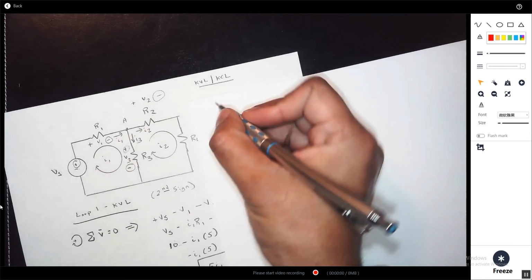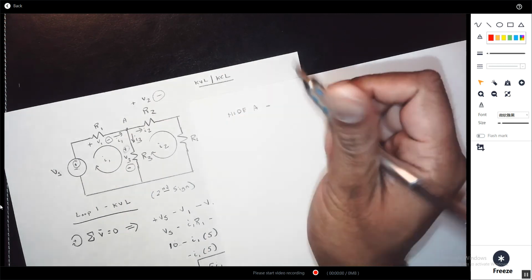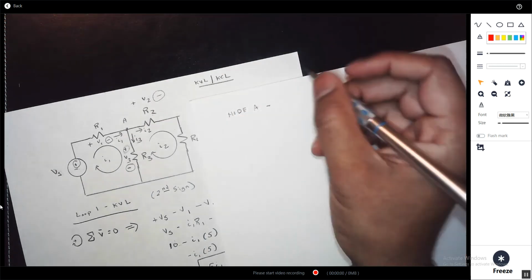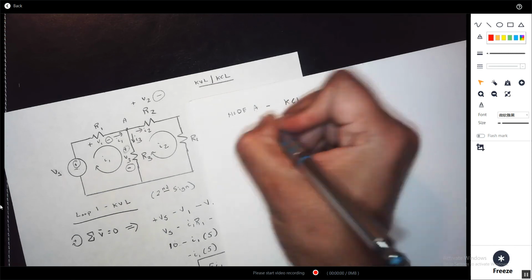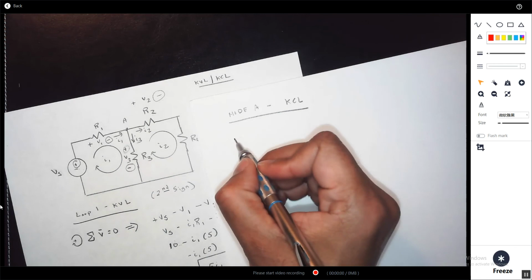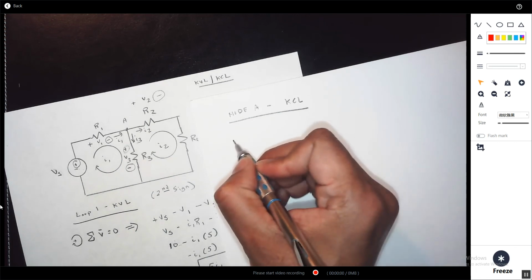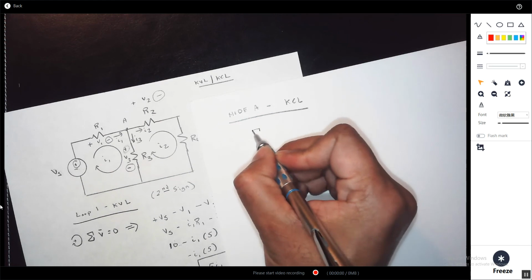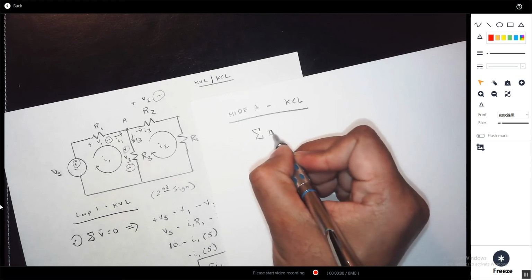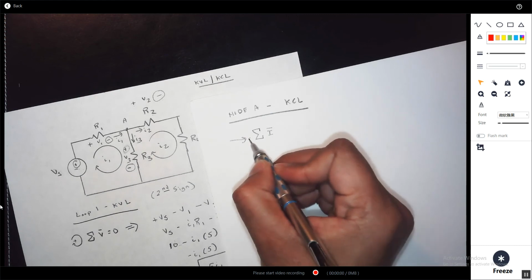So we're going to write in node A. But node A is KCL, which is Kirchhoff's current law. And Kirchhoff's current law is very easy. Simply assume a direction into the node. So what we're going to do is sum of the current going into the node is positive.